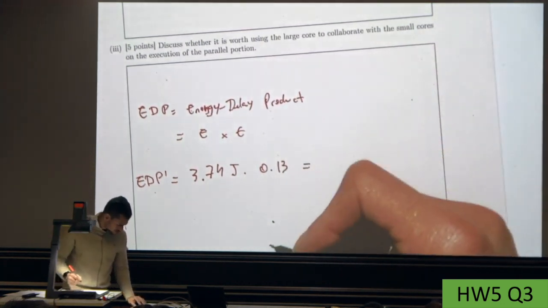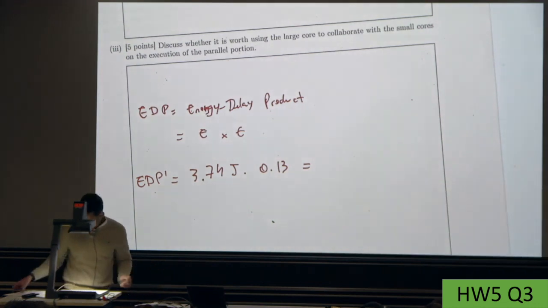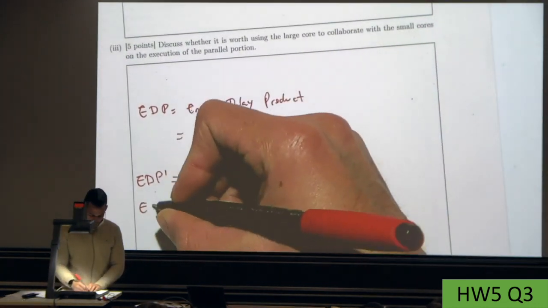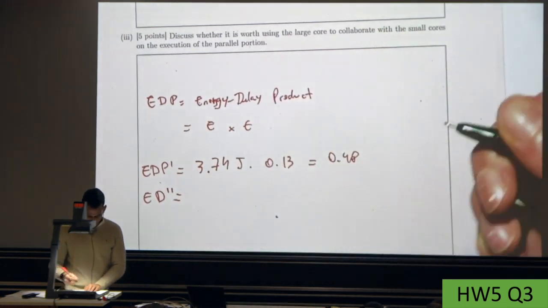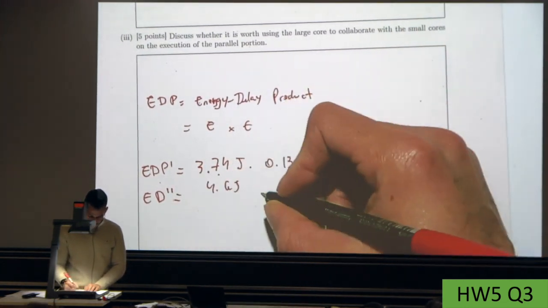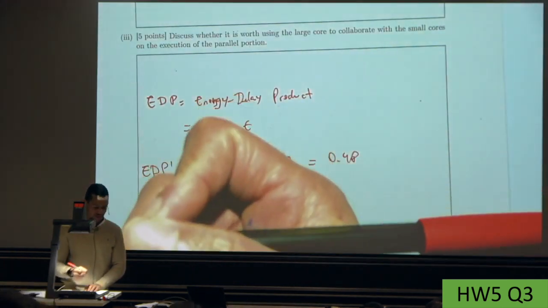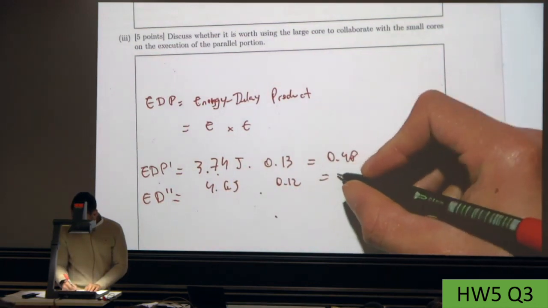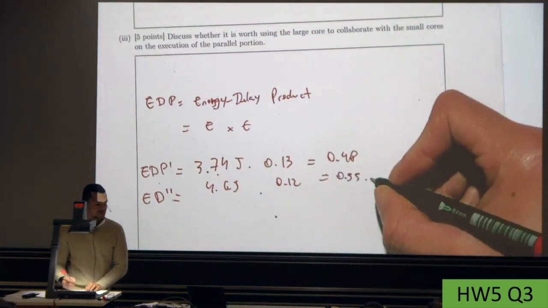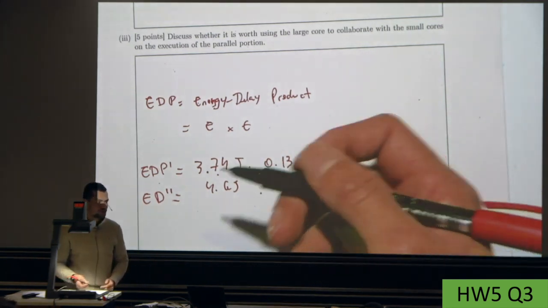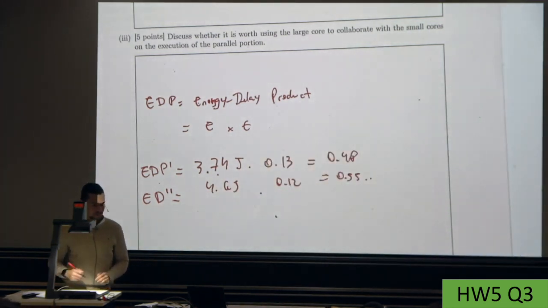This is going to give you, let me check my number, 0.48. While when the large core is helping, the energy goes up to 4.6 joules, and the time reduces by 8%, around 0.12ish. And this is going to give you 0.55 something. So for this metric, lower is better, so it does not make sense.